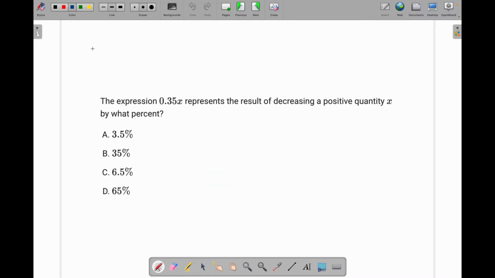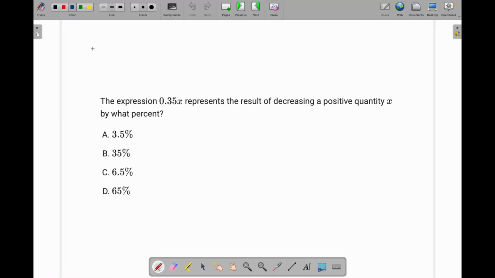All right. The expression 0.35x represents the result of decreasing a positive quantity x by what percent? I'll give you all a second to look over this. Now let's go through this. First, you have this expression, 0.35x, and we know it's decreasing.